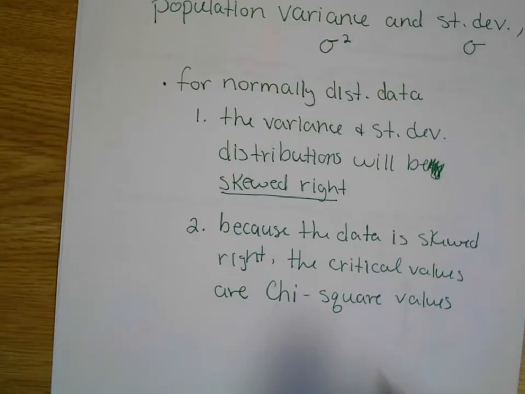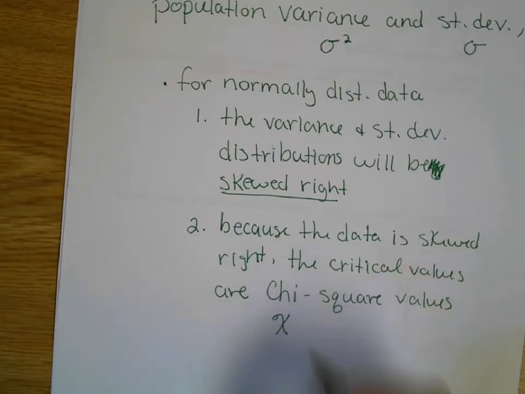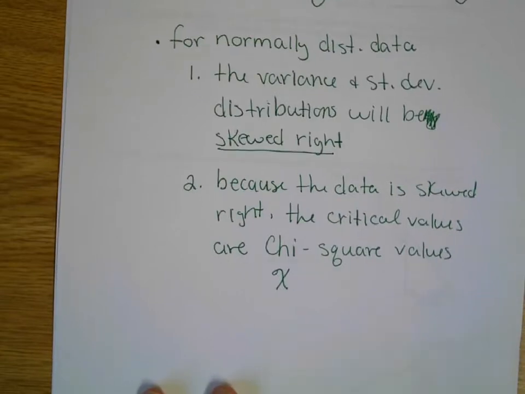And the Greek letter chi looks like a big old X. Chi. And chi-square, just put the little square by it.